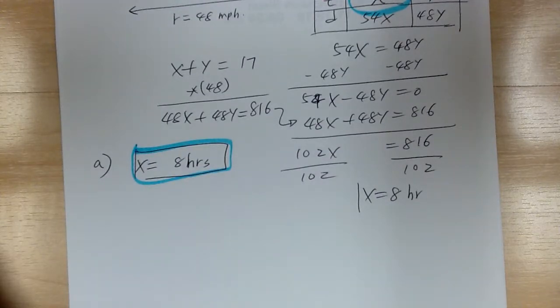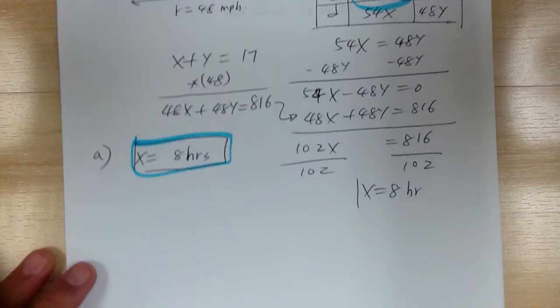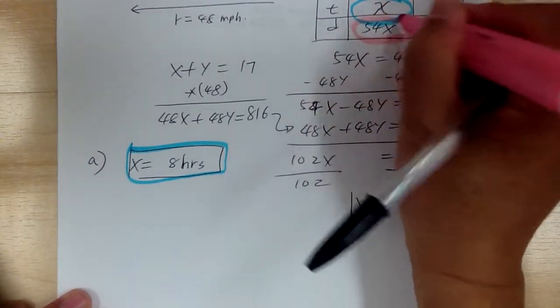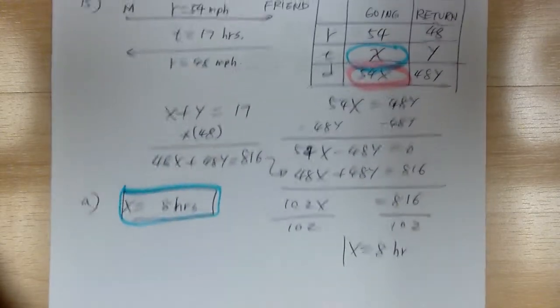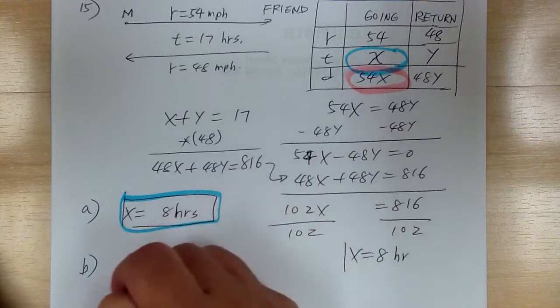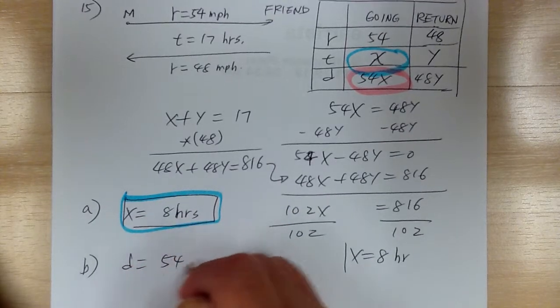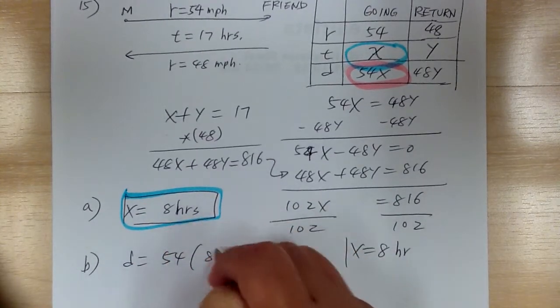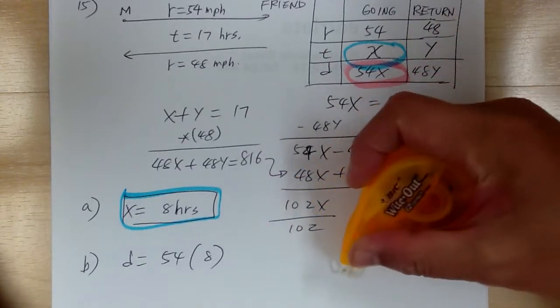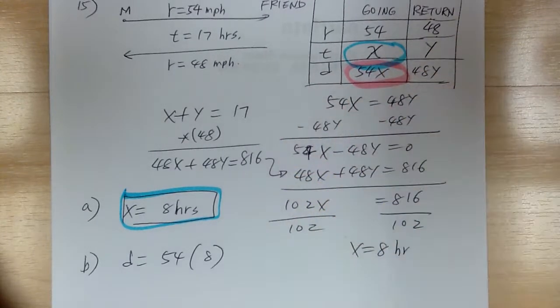And part B, how far was it from his home to his friend's house? So how far, that's the distance. So that is this one here. So part B, the distance is going to equal 54 times x, which is 8. Don't box that yet, because that's not the final answer yet.